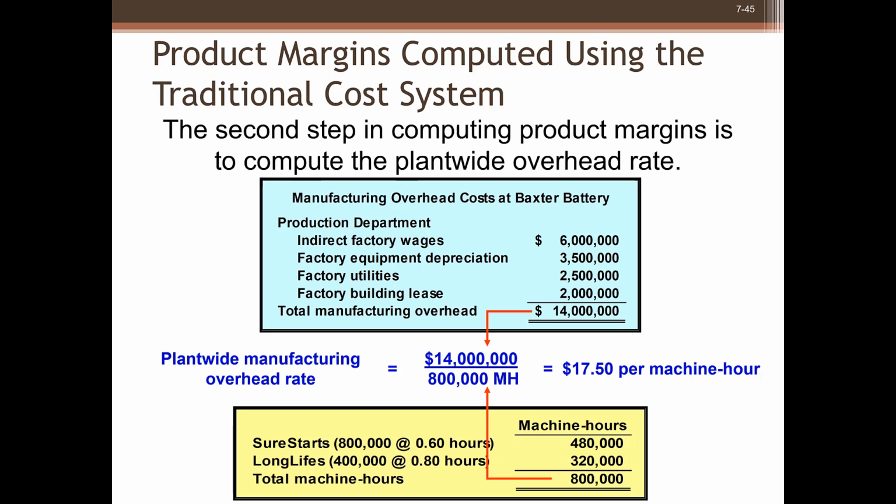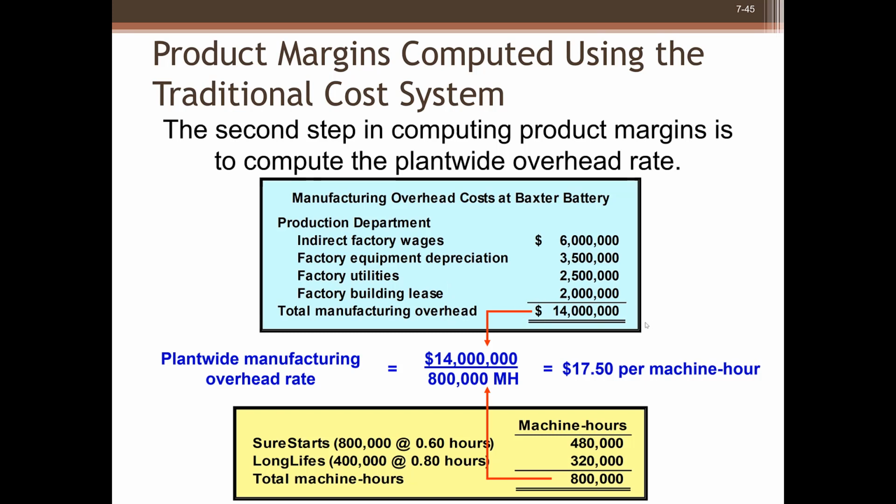For Baxter Battery Company, the allocation base we will use is machine hours. So to calculate predetermined overhead rate, we use total manufacturing overhead cost divided by total machine hours. And here, from the overhead table at Baxter Battery, we can get total manufacturing overhead from production department is 14 million.